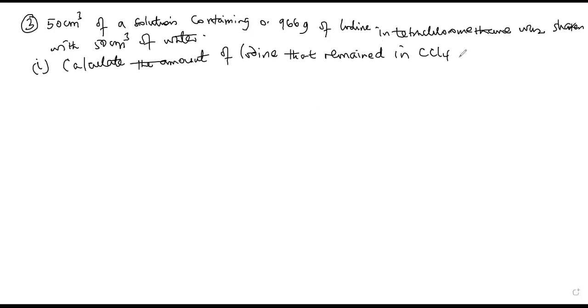In the tetrachloromethane layer, KD between tetrachloromethane layer and water is equal to 85, sorry, 0.25. That is the KD.